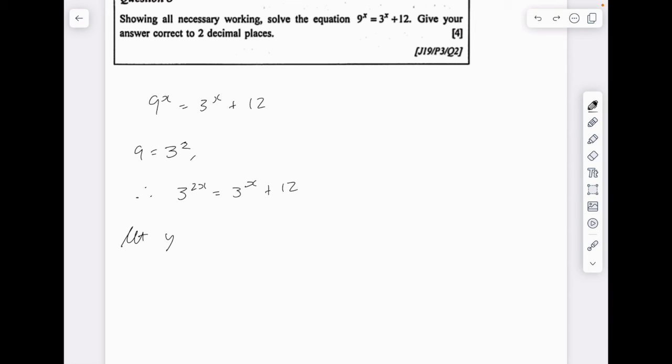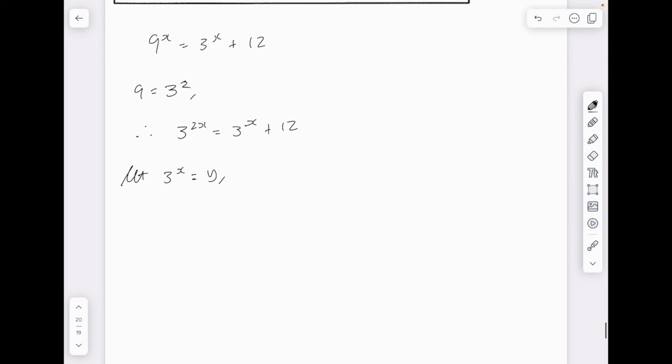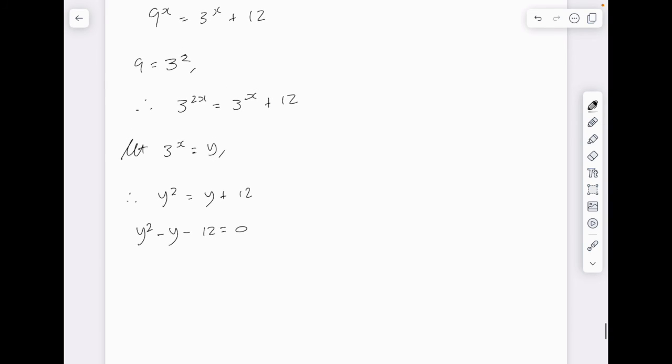I'm going to say let 3 to the x equal y. So therefore y squared is equal to y plus 12. So y squared minus y minus 12 is equal to 0. Factorising that, we've got 4 and 3.